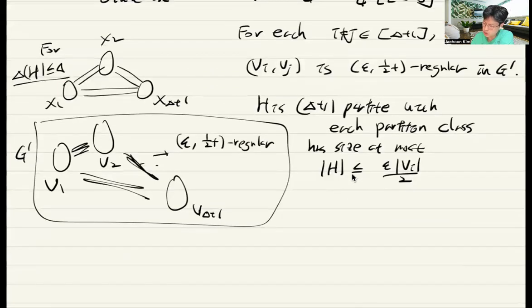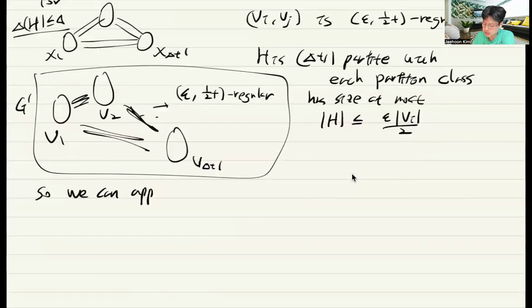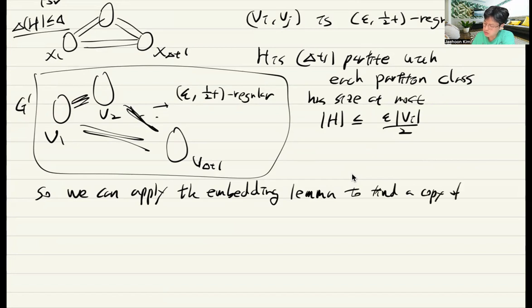So each of these is quite a bit smaller than this, only epsilon times the size of this divided by 2. Thus, we can apply the embedding lemma that we learned in the regularity lemma section to find a copy of H in this G prime.